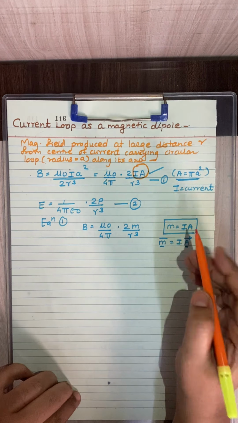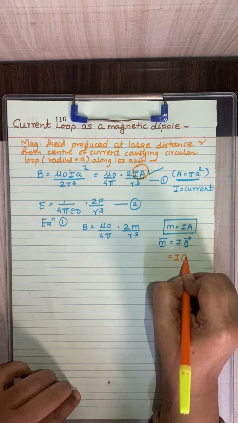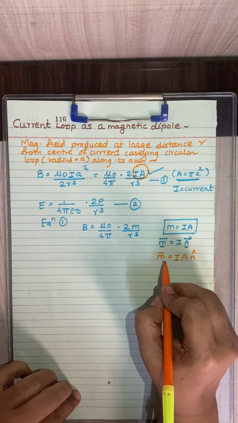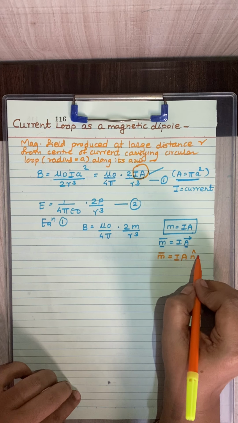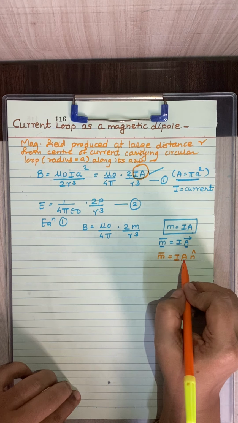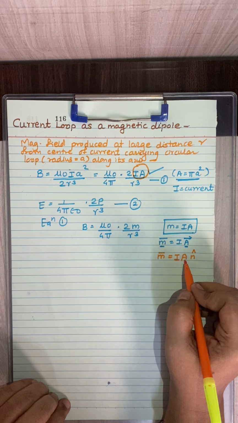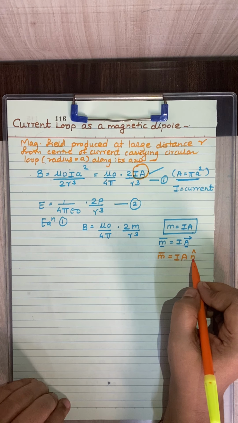So if I want to write it as it is, I A, and this n cap I have to introduce. So the magnetic moment is equal to I A into n cap, where n cap shows the direction of the normal to the area vector. Or we can say that the normal to the area is represented by the vector n cap.